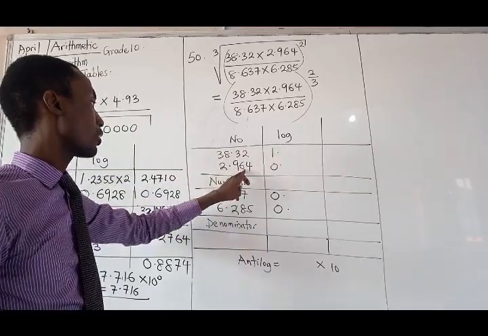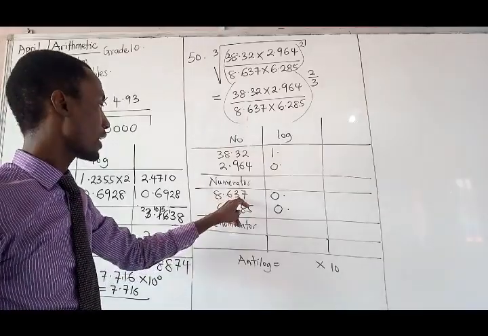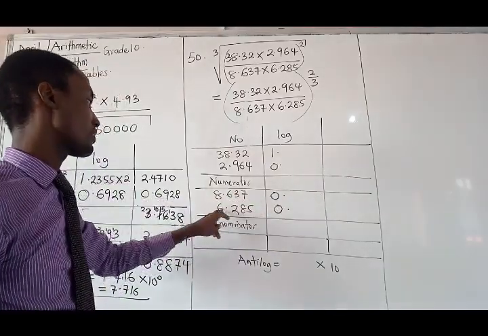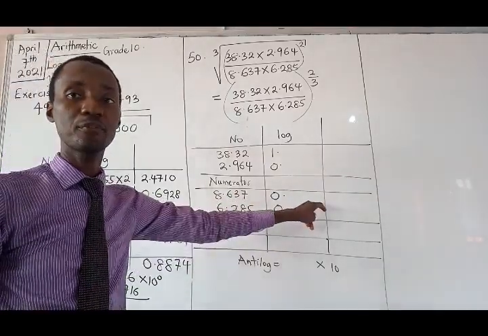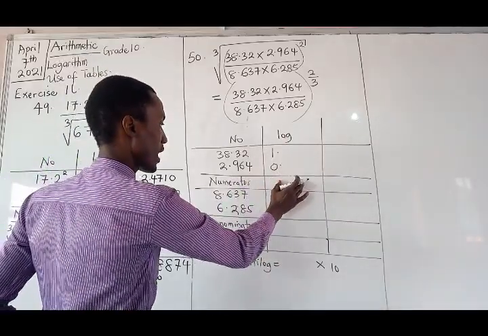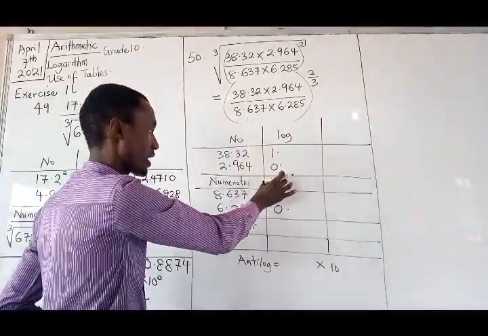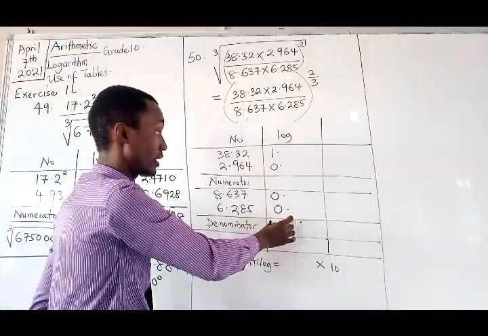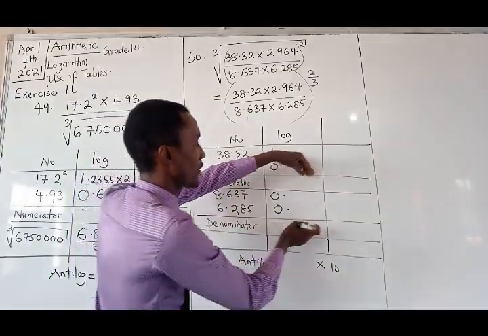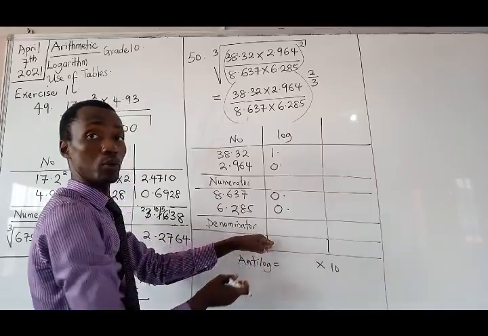What is 29 under 6 difference 4? What is 86 under 3 difference 7? And what is 62 under 8 difference 5? Once you plug in these values, you treat this to get this answer. Because you're multiplying these two, you add them, you get an answer here, add, you get an answer there. Once you've done that, you transfer the answers here, work on them, and then bring them out this way.